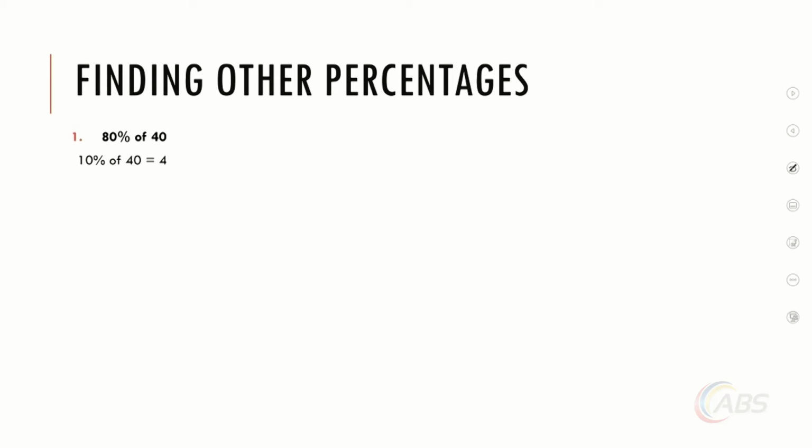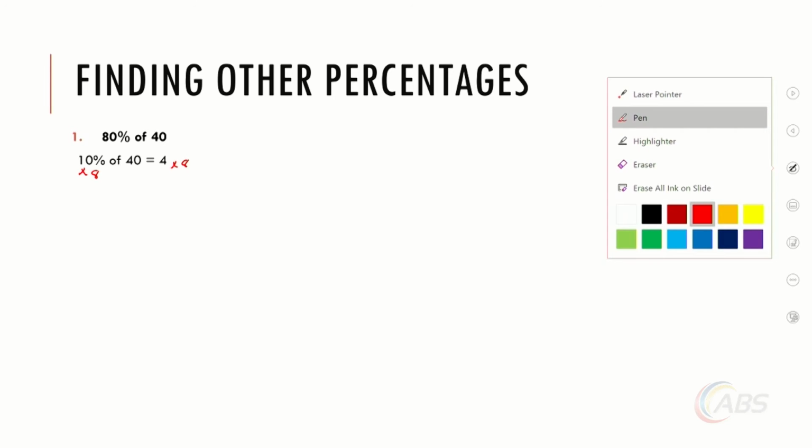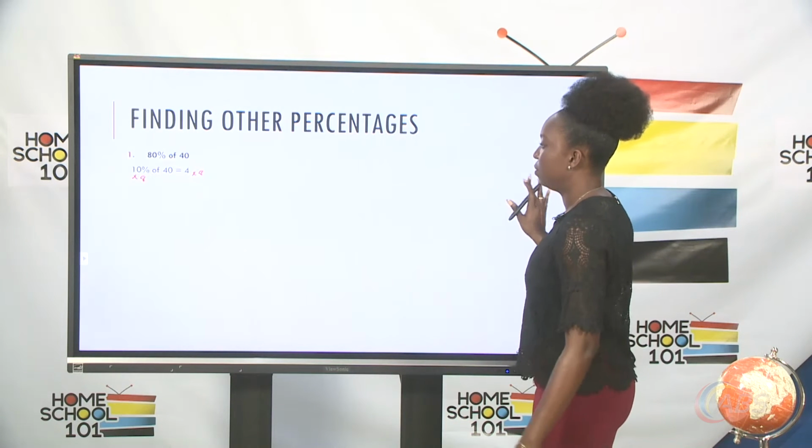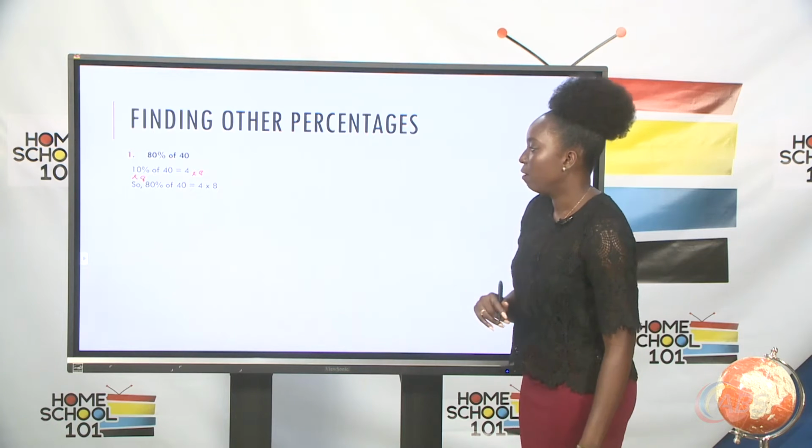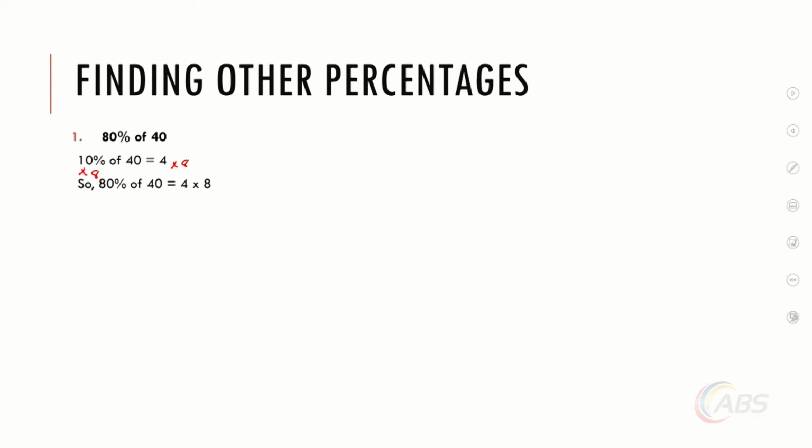How can I get from 10% to 80%? If I multiply 10 by 8, I get 80%. And so it's safe to say that if I do the same thing on the other side, I am also going to get what 80% is equal to. So 80% of 40 is 4 times 8, which is equal to 32.